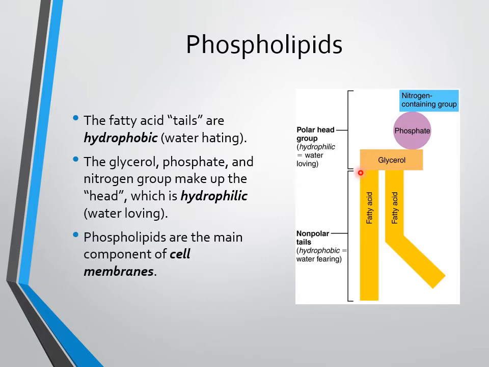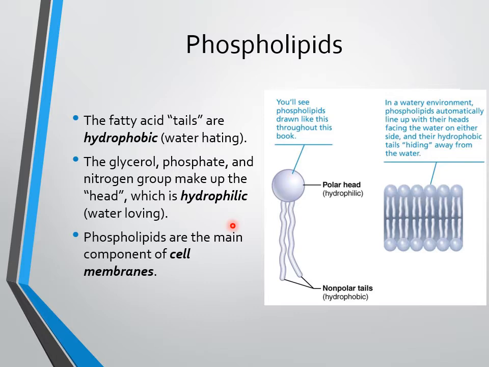Phospholipids are the main component of the cell membrane, like I said. We'll talk about this in the next chapter, I believe, but you have a phospholipid bilayer. So you have one facing this way, and then you have another one with the fatty acid tails facing the other direction. Just like right here.